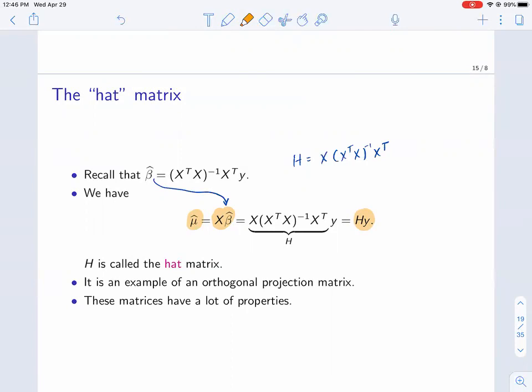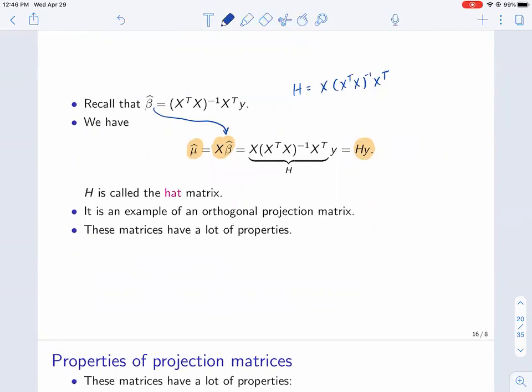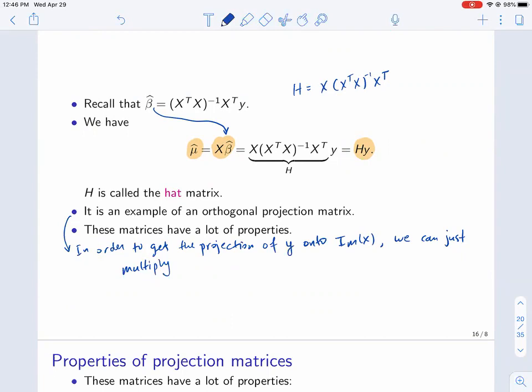So nothing special, but you have encountered this matrix in your homework problems. This is an example of an orthogonal projection matrix. What this is saying is that in order to get the projection of Y onto the image of X, we can just multiply H by Y, i.e. form HY.